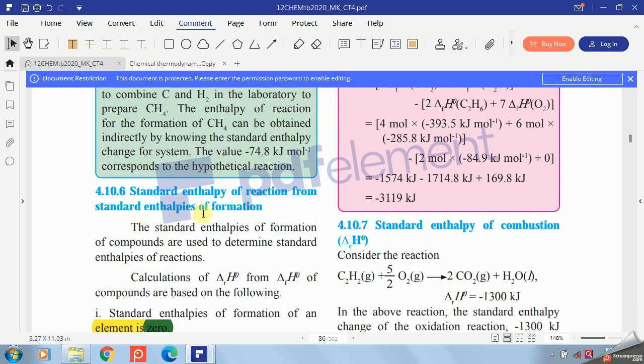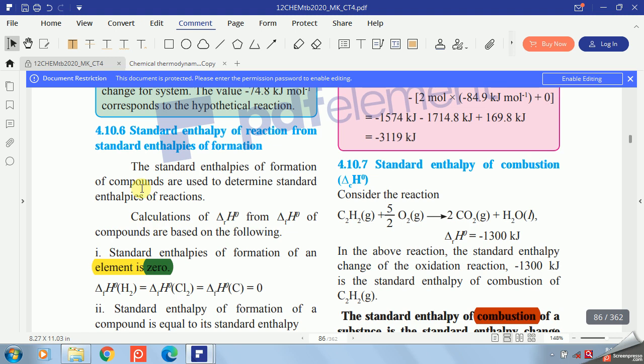Now next is the standard enthalpy of reaction from standard enthalpy of formation. Delta r represents enthalpy of reaction and delta f means enthalpy of formation. The word standard is involved in the meaning.